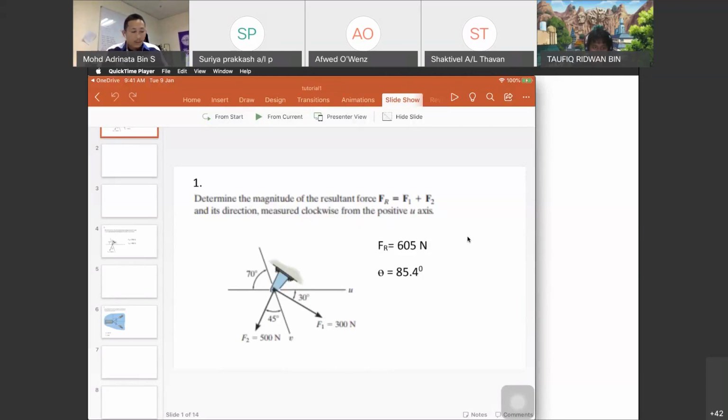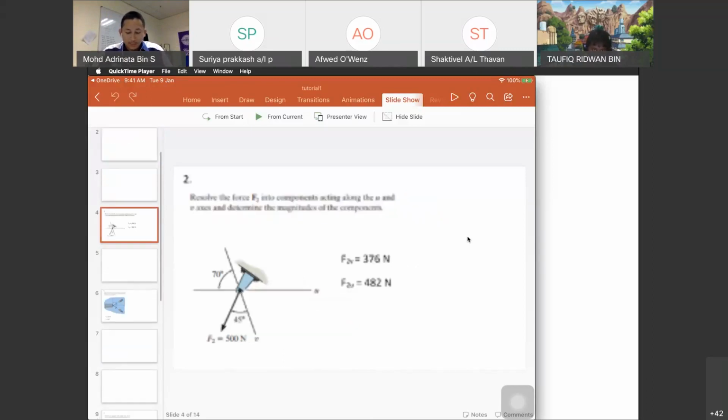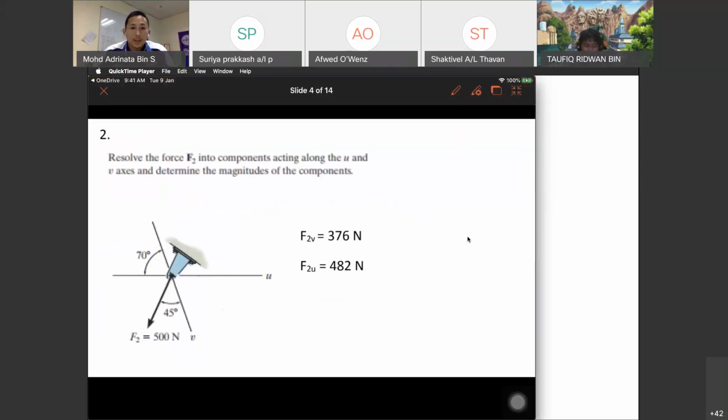Tutorial soalan question number 1 and 2 ni dia ada tricky sikit lah. Soalan satu yang paling tricky. So soalan satu saya buat last lah, sebab panjang sikit.